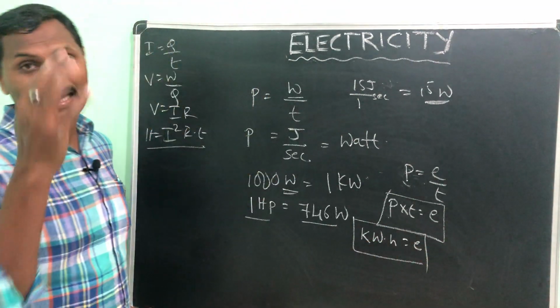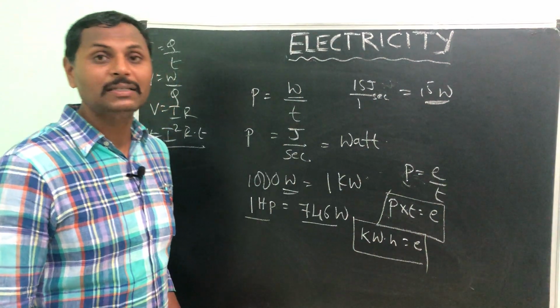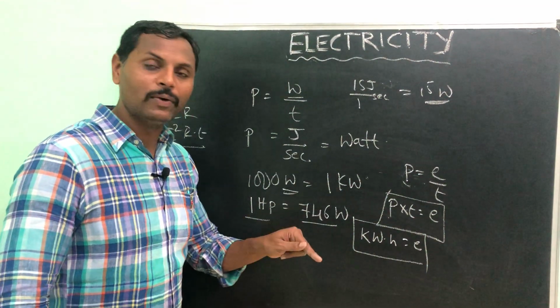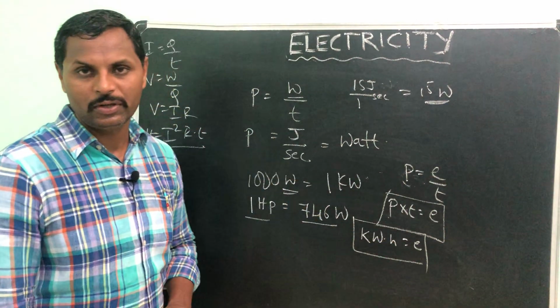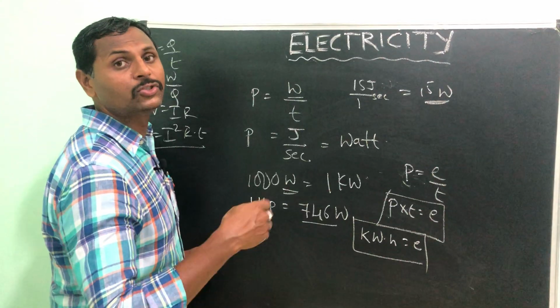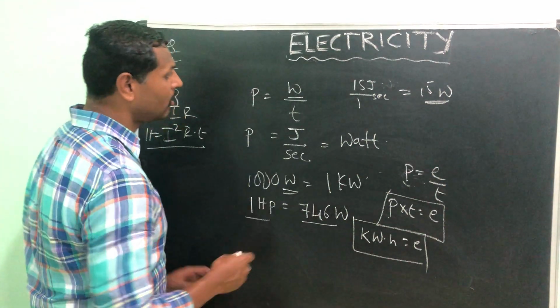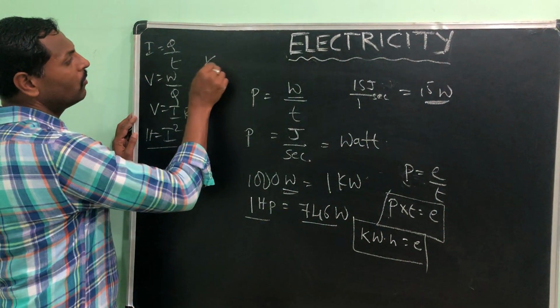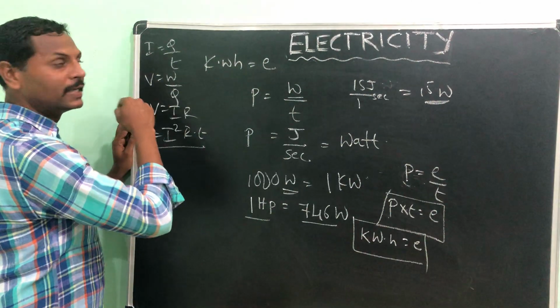We are using electrical energy, and that we measure in terms of unit only, but that will be measured in terms of kilowatt hour also. So kilowatt hour can be converted into joules. Energy can be measured in terms of joules. See, kilowatt hour is the energy's unit.